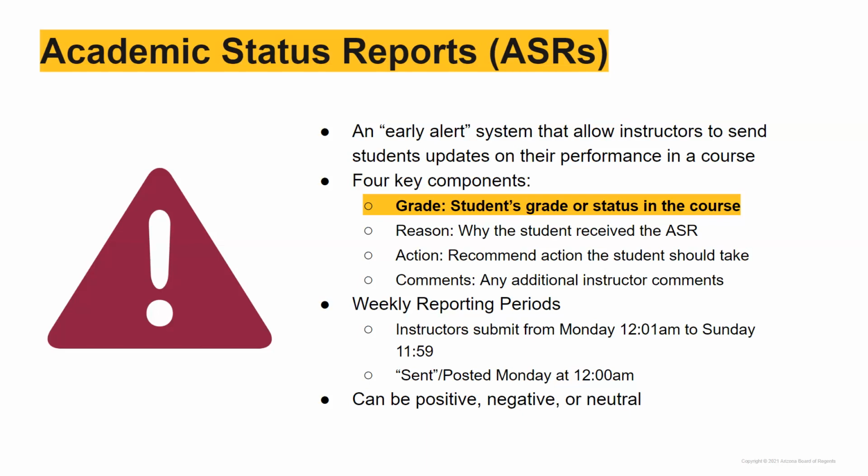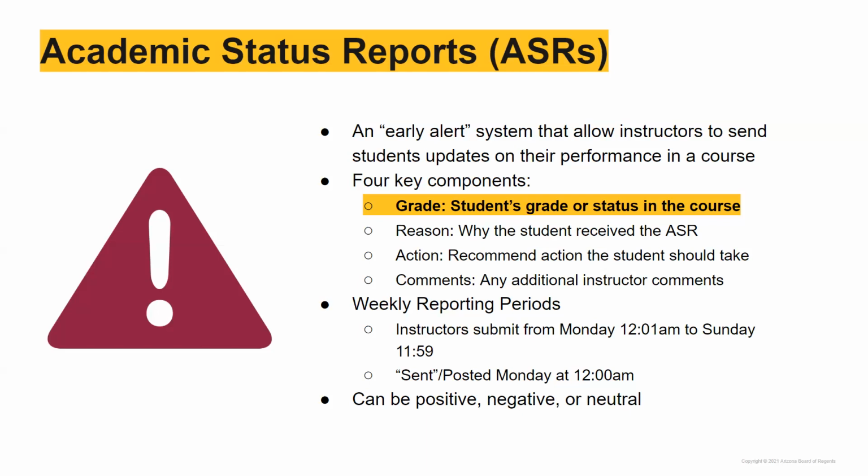One key component to know about ASRs is how they're entered into the system and when they're shared with students. So it's on a weekly basis. Monday morning, a reporting window opens up. An instructor can submit ASRs at any point in time from that Monday to that Sunday evening. And then at the very end of Sunday, those all get submitted and sent to students and they'll populate in their MyASU.